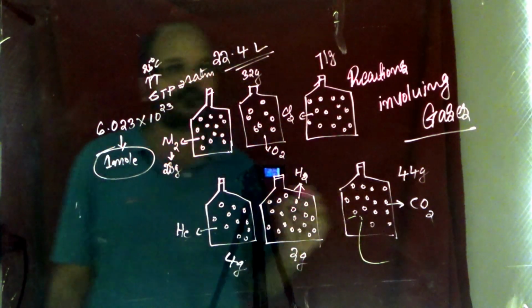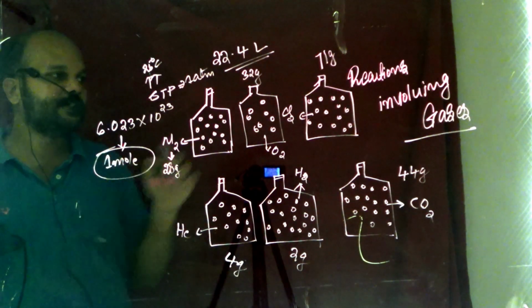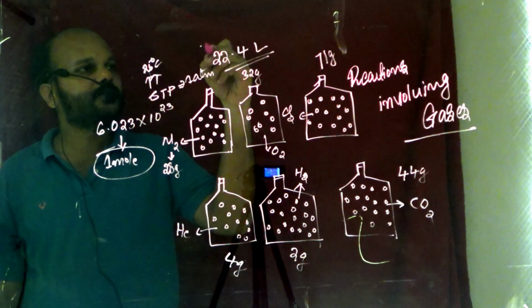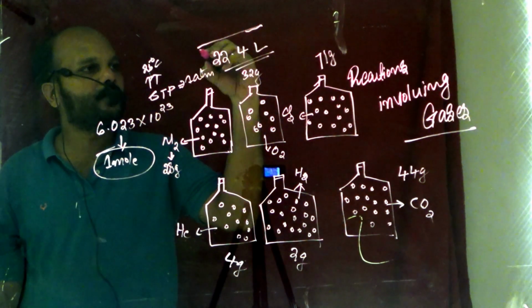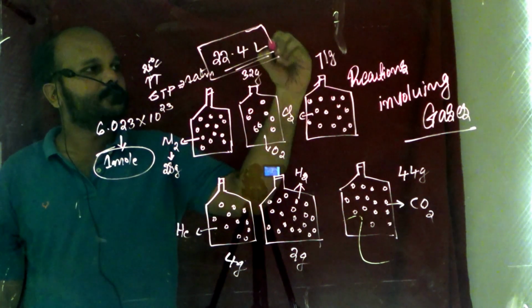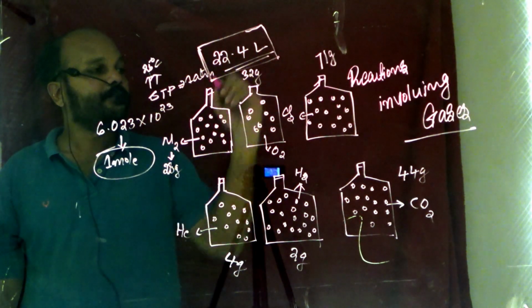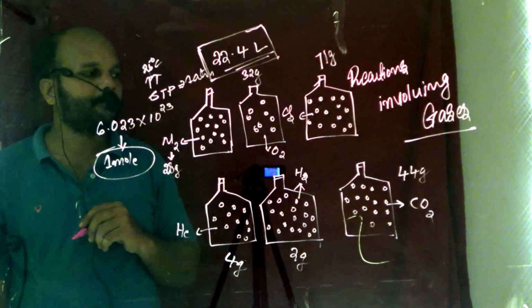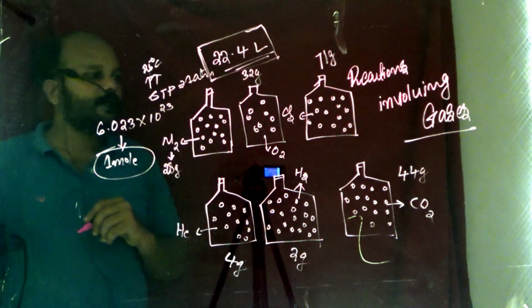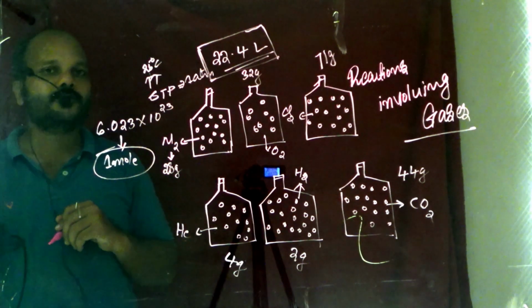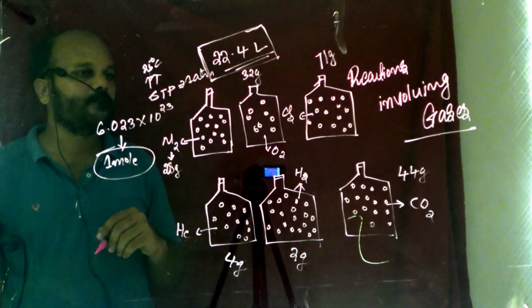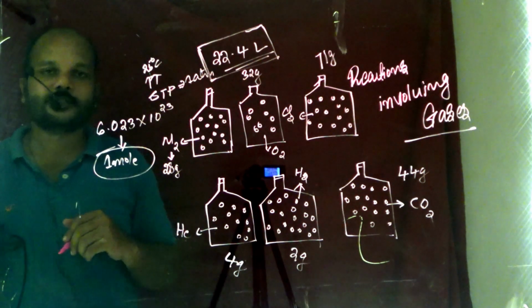So the number of moles is the same in all the bottles at this particular volume of 22.4 liter. These gases occupy the same volume.